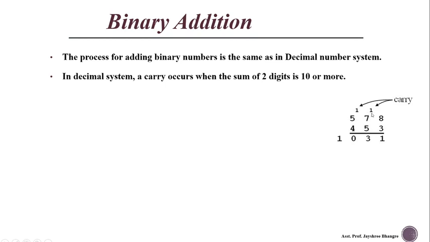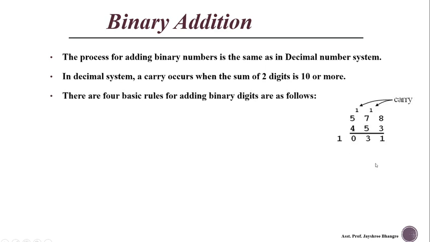In the next column, we add this carry with the digits in that column, that is 1 plus 7 plus 5, so we get 13. The sum is 3 and 1 is the carry. Again in the next column, we add this carry with the digits 5 and 4. So 1 plus 5 plus 4 is 10, and we get the answer for this addition.